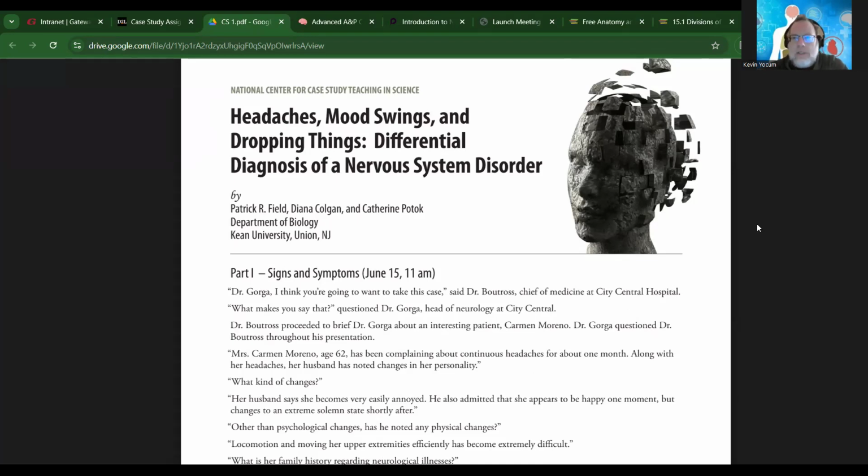So the idea really is for you to start to get a deeper understanding of how things work in the clinical setting. Some of you are already there. Some of you are completely green and have no idea what it's like. So this is the opportunity for any of you to dive in and see what happens at the clinic.